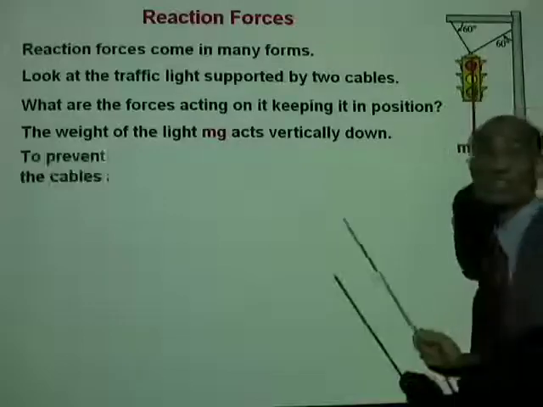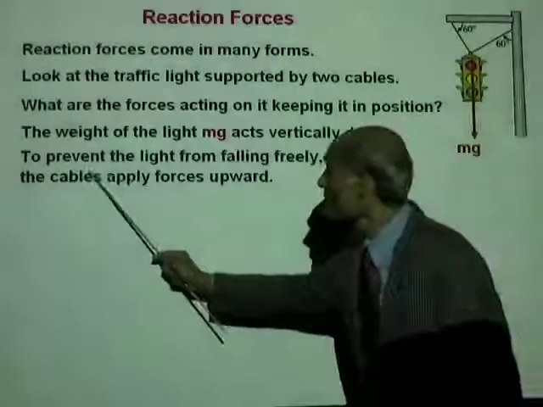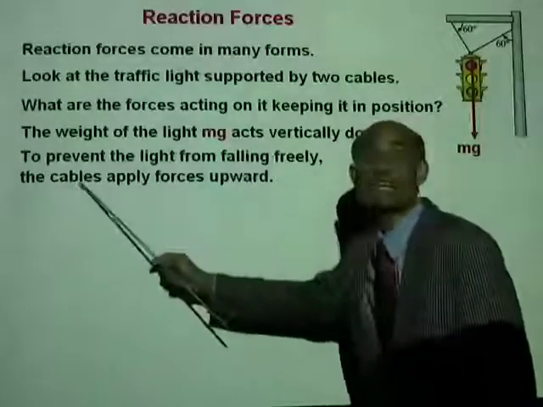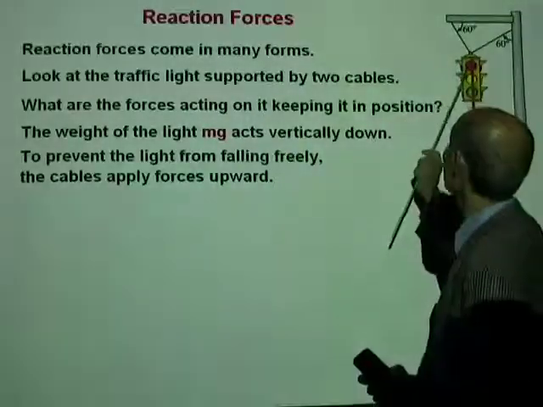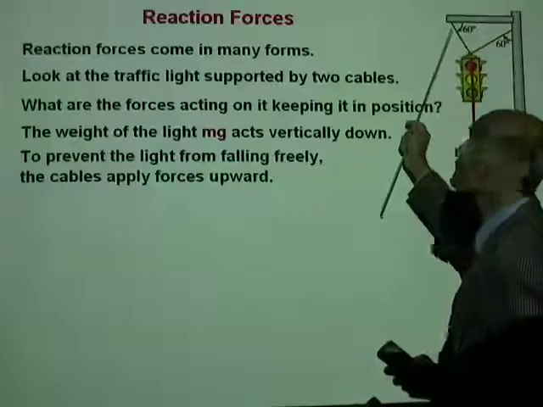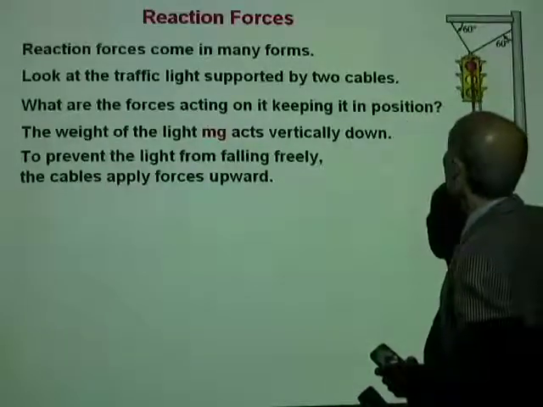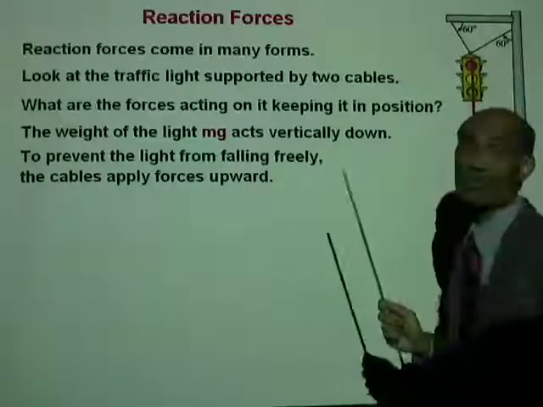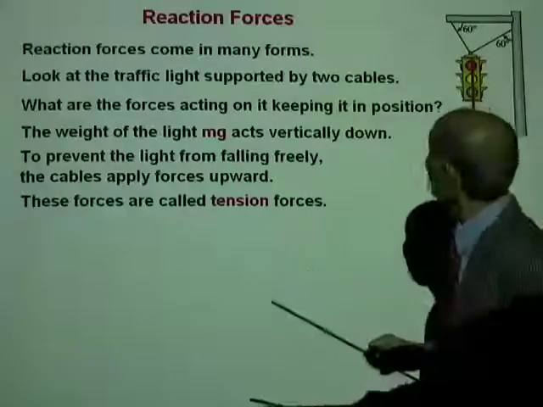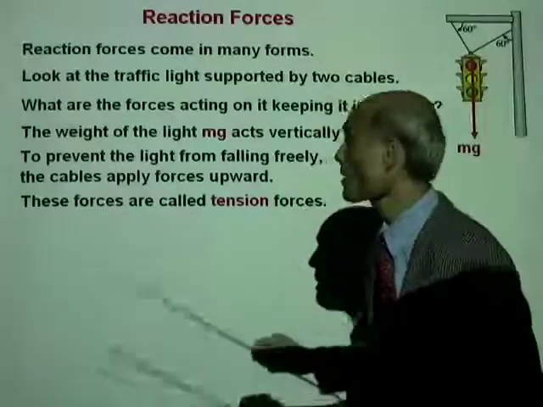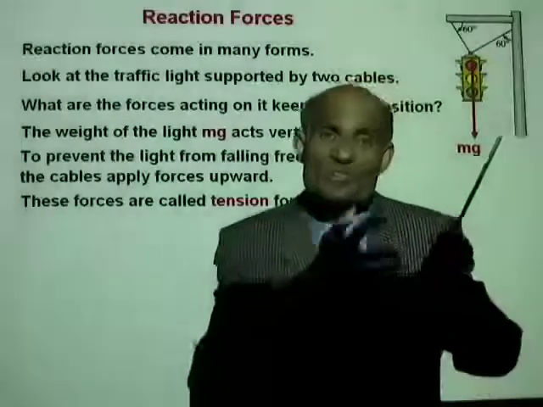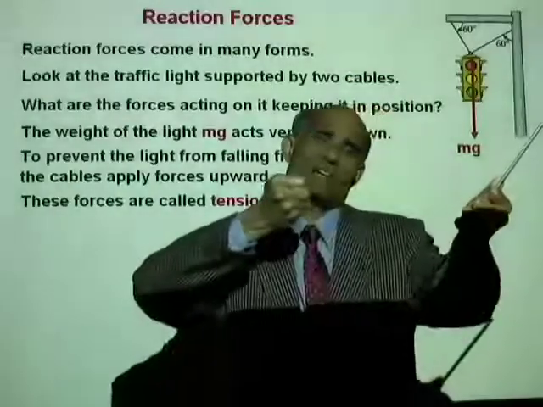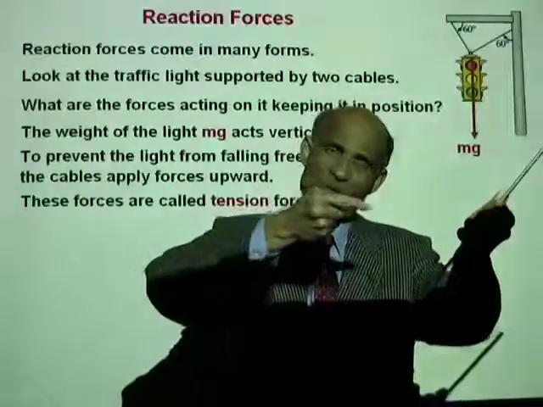That acts vertically down. To prevent the light from falling freely, the cables apply forces upward. So there is a force on this cable on the left and this cable on the right. Now, these forces on the cable are called tension forces. If you stretch a spring, the spring applies a force backward.